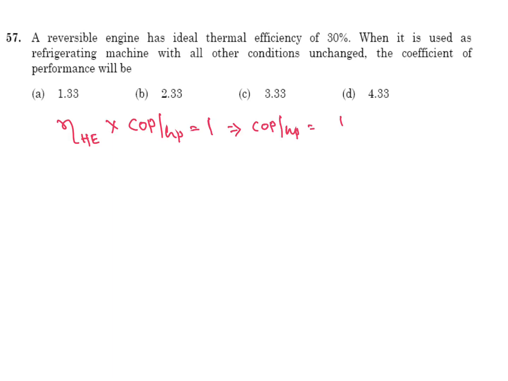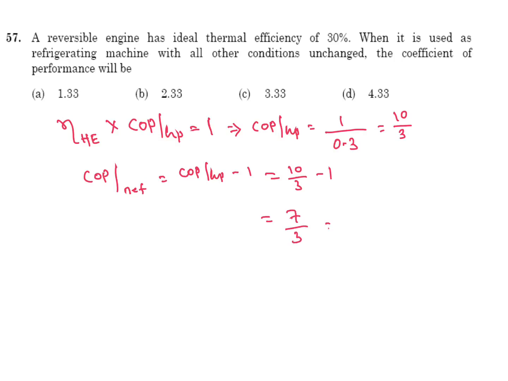It's 1 by efficiency 30%, so 1 by 0.3 or 10 by 3 you will get. Then COP of refrigerator, they ask, is equal to COP of heat pump minus 1. So 10 by 3 minus 1 you will get 7 by 3. So 2 point something, 2.33. B is your correct answer.